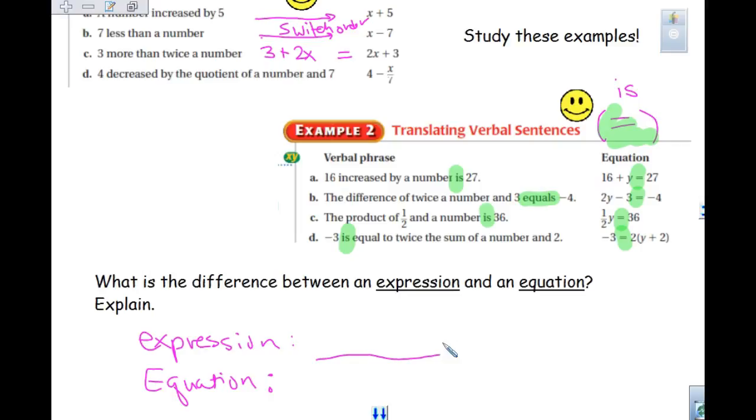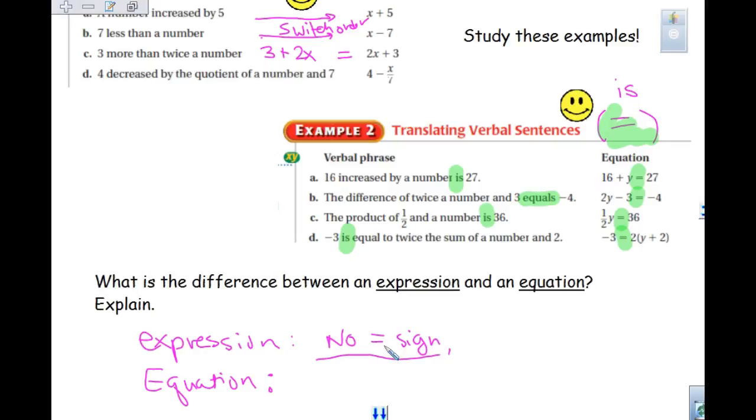An expression is a number problem without an equal sign. No equal sign, right? And it doesn't even have to be just a number problem, but we're going to have no equal sign. So I want you to put an example right behind that. Then we want to do our equation.